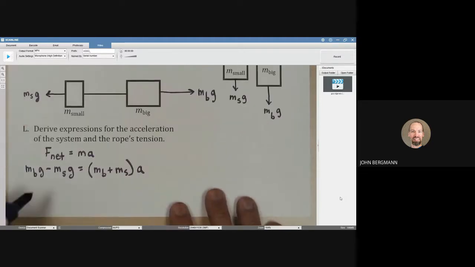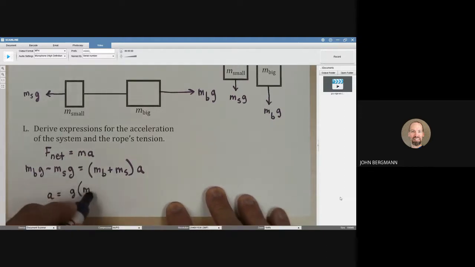Why don't we factor it out now? If we solve this for the acceleration, what kind of an expression will we get? We'll get the acceleration is equal to g multiplied by the quantity mb minus ms over mb plus ms.